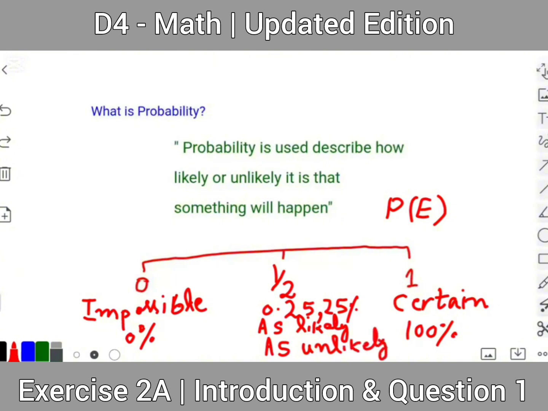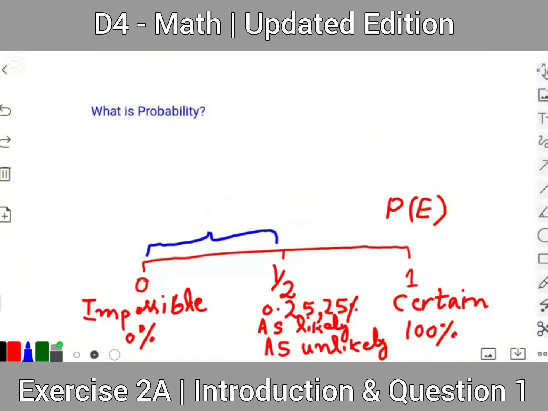If we move towards 0, then our event will be more unlikely to occur.